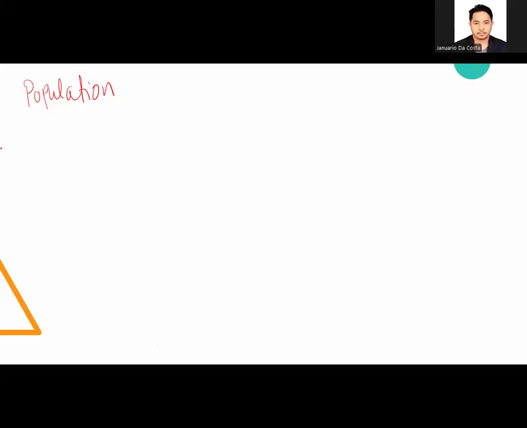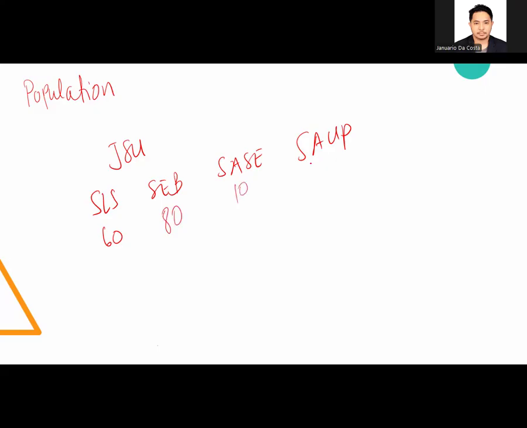For example, the sample of the group. Example: students, let's say SLS is 60, SCB, STB, let's suppose 80, SASE is 10, SAUP is 90.